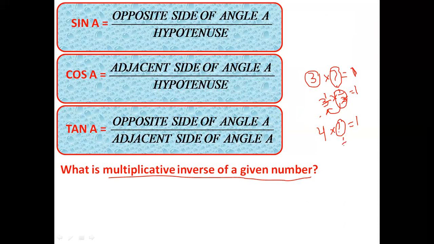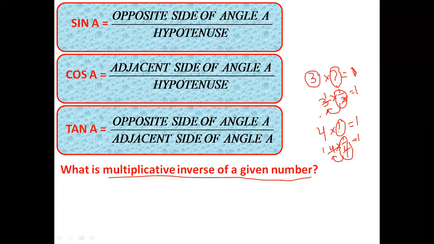That means 4 into 1 by 4, then only you get 1. So this 1 by 4 is called the multiplicative inverse of 4. That means 1 by 4 is nothing but the reciprocal of 4. Reciprocal is nothing but the multiplicative inverse of that number.